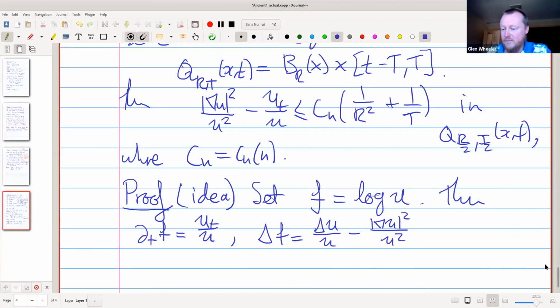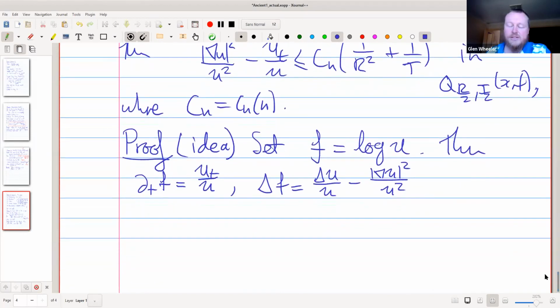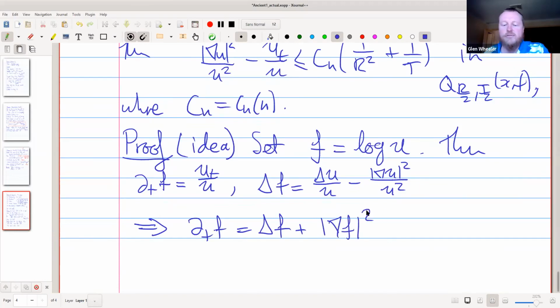Okay, and then of course we can work out what kind of PDE f satisfies, which comes to no surprise for anyone. It's this. Okay, because this term here is just the gradient of f squared, like we talked about a second ago. All right.